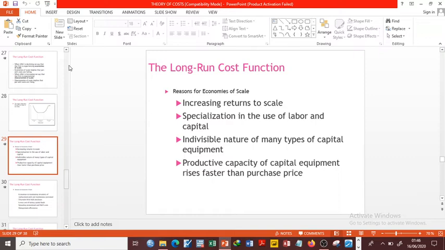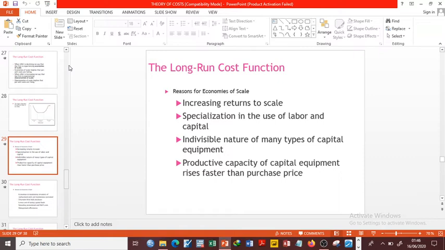One of the reasons is the existence of increasing returns to scale, and I've already explained that with increasing returns to scale, the costs are reducing and the output is increasing. So definitely the existence of increasing returns to scale will lead to economies of scale. Then specialization in the use of labor and capital.